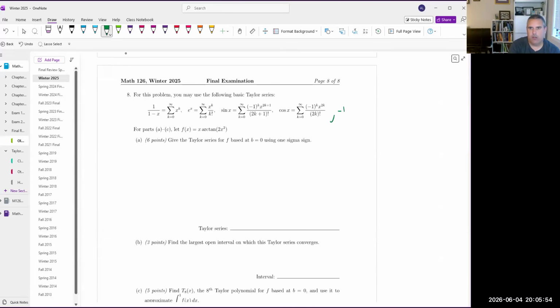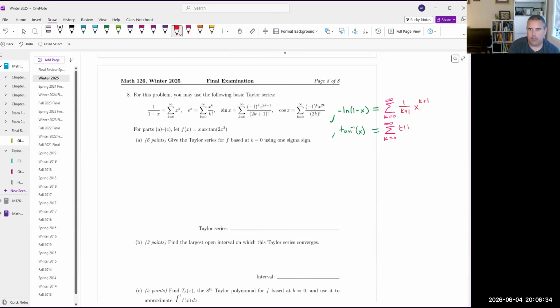So let's pretend we add two more to this list: negative log of 1 minus x and arctangent of x. So write down what you think those patterns are. One over k plus 1, x to the k plus 1.